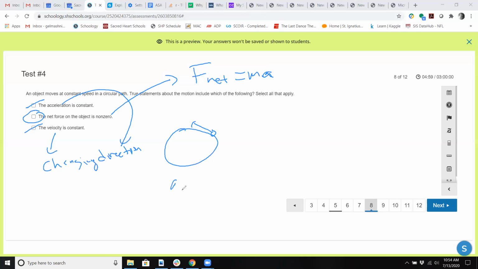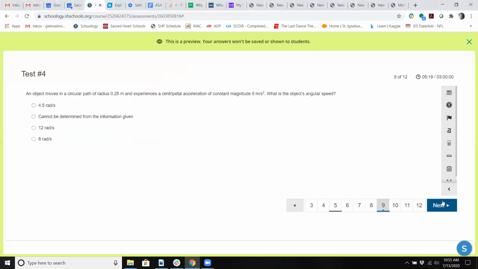Because centripetal acceleration, I should have been a little more clear about this, is v squared over r. Because velocity is changing, I don't think you can say the acceleration is going to be constant for that one. That one's a little tricky. But I think it'd be partial credit if you got part of that right.